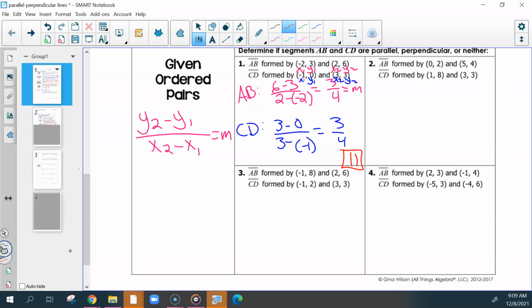Do we have any questions on how we found that those two are parallel? We're going to do 2. I don't remember which ones I want. I'm sorry, there's 8 total.